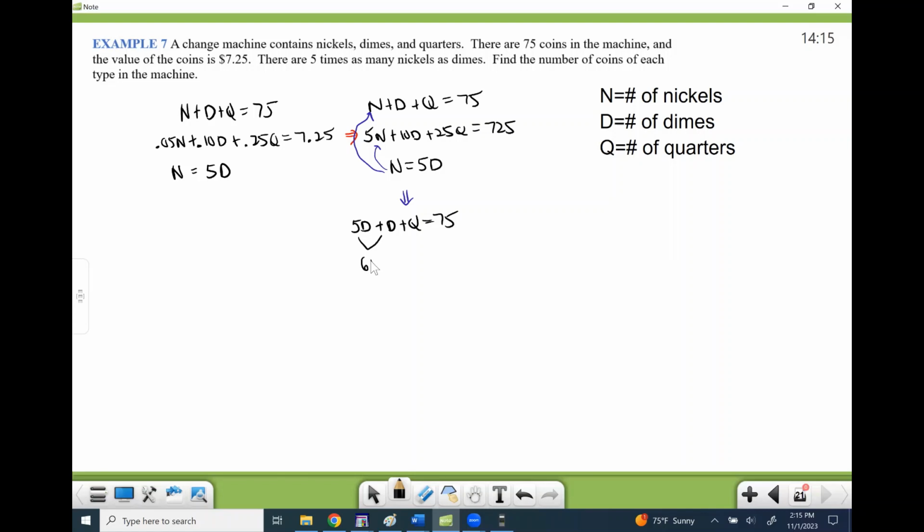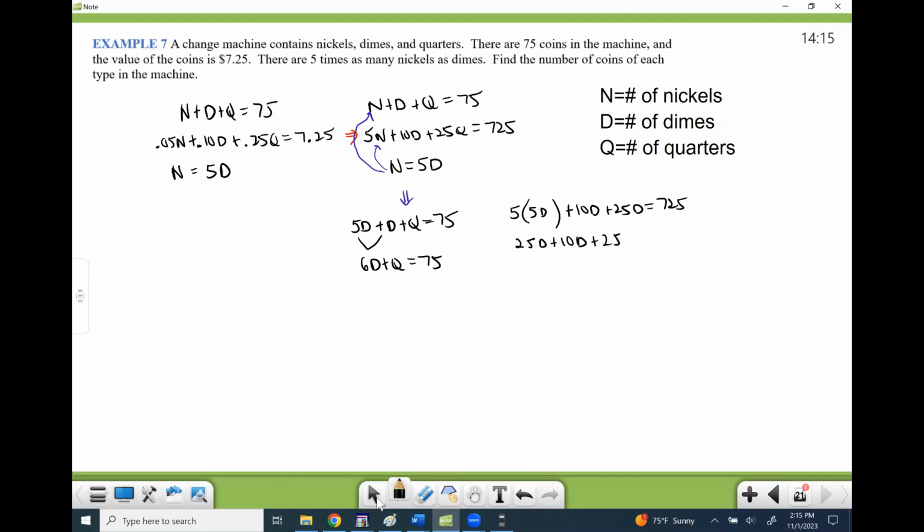So we have 6D plus Q equals 75. Then I'm going to do it in the other equation. So instead of 5N, 5 times N, which is 5D, plus 10D, plus 25Q equals 725. So we're going to get 25D, plus 10D, plus 25Q. I got a little crazy on the D's here, you guys.